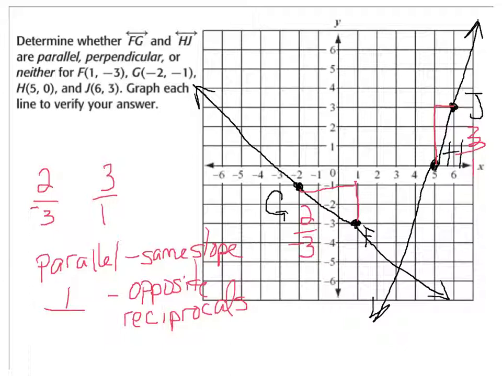So if this number here was a 2 instead of a 1, it would be the reciprocal of 2/3. I'd have 3 over 2. But I don't have that situation. They're opposites, but they're not reciprocals. So in this case, my answer is they are neither parallel nor perpendicular.